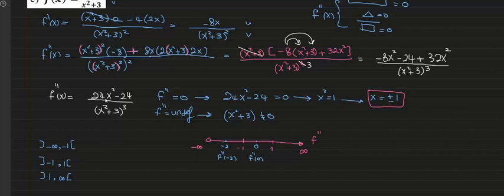Here, if we substituted 0, it will be negative, right? And if we substituted -2, it's going to be positive. And finally, let's pick a point here. It can be 2, and the f double dash of 2 is going to be positive. So we have here a positive interval, a negative, and a positive interval.